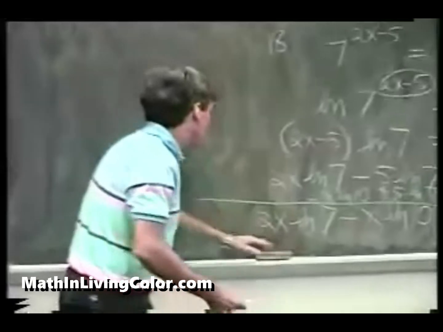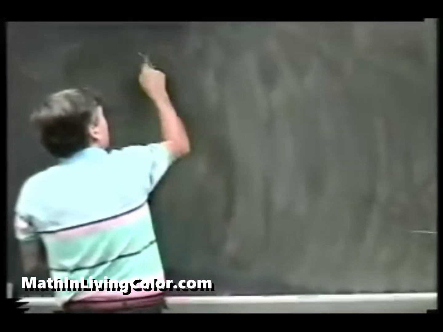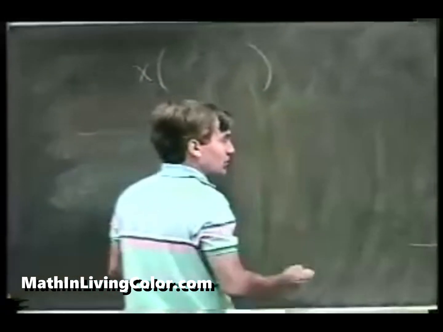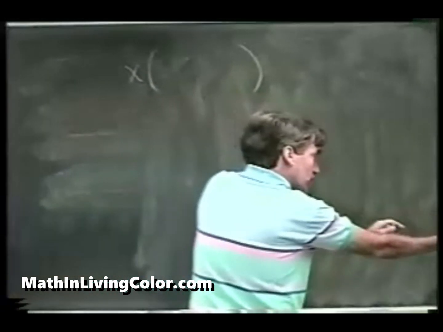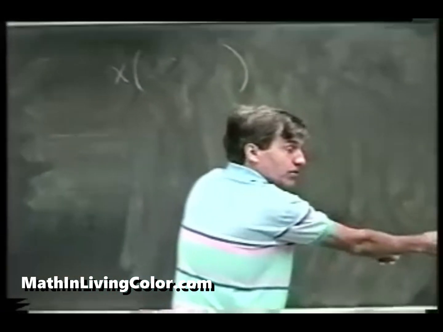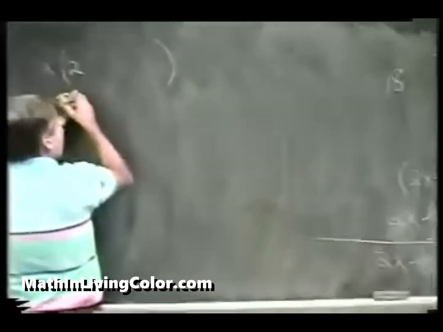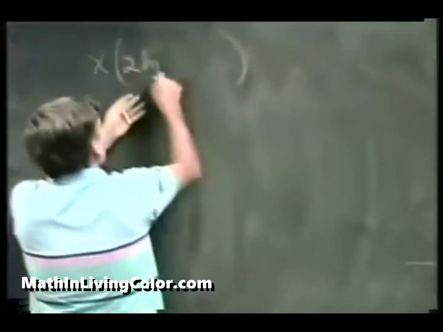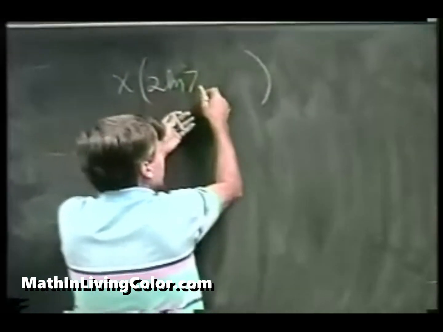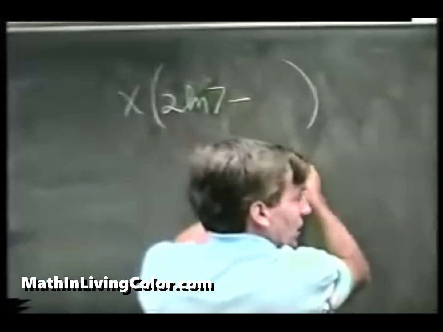All right, so let's factor out the x, and I'll start up at the top of the board with this. X times, now this is going to be what's left on the left side. After you factor out the x, what's left? You took out the x, so what's left? 2 ln of 7, and then minus ln of 10.